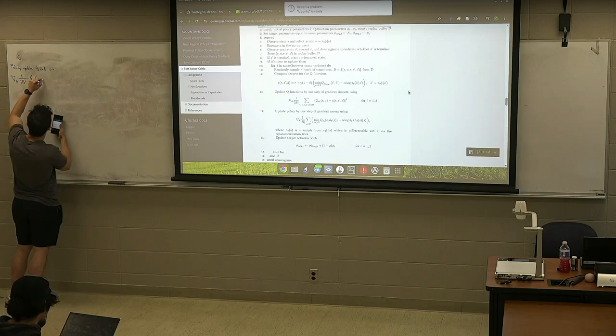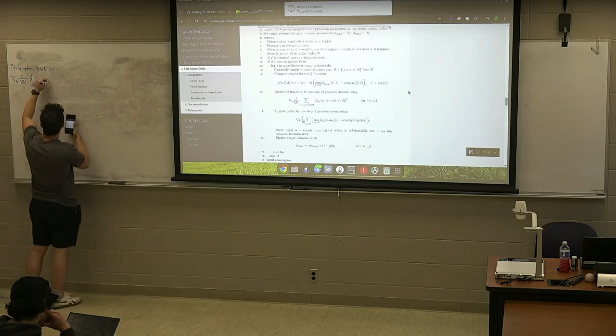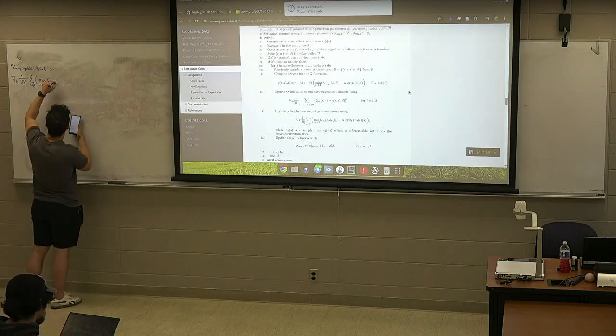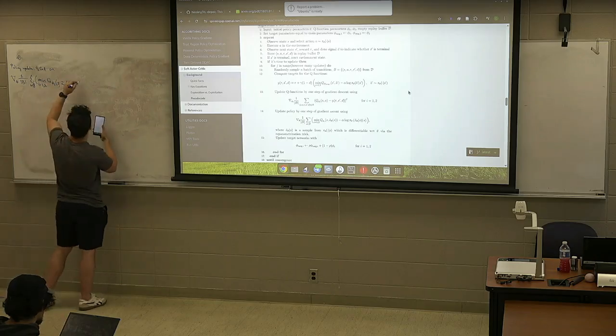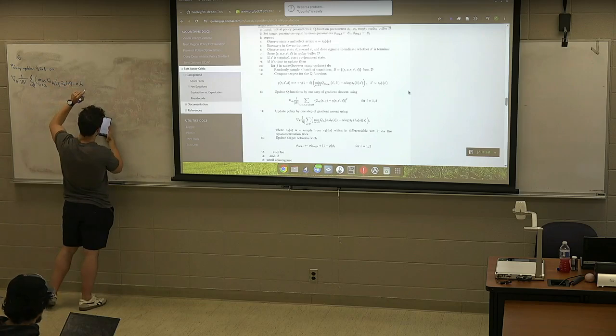And then you have Q theta of S, A tilde theta S, minus, and then you have your entropy term, which is alpha log pi theta of A tilde theta S, given S.